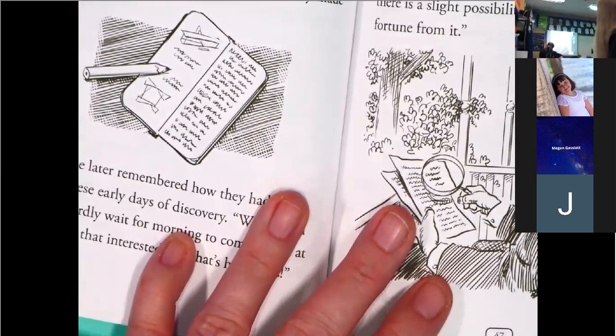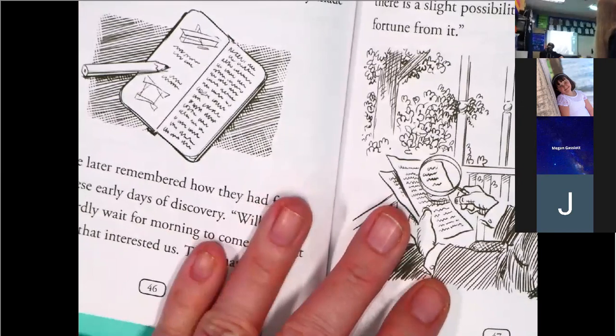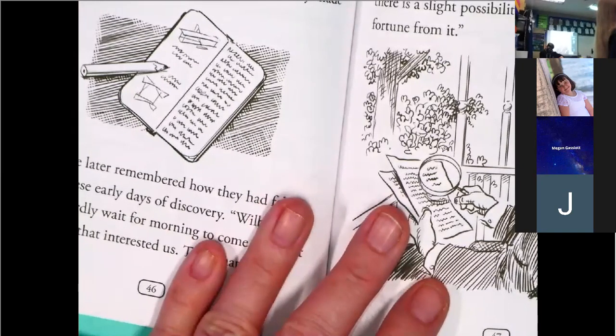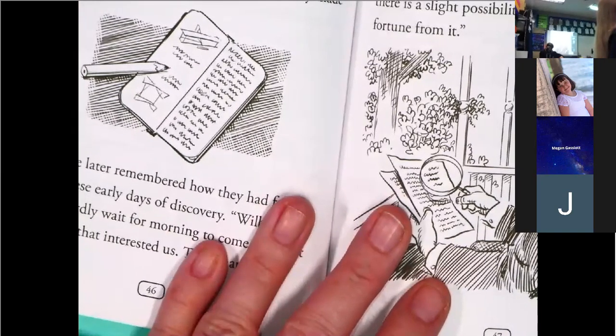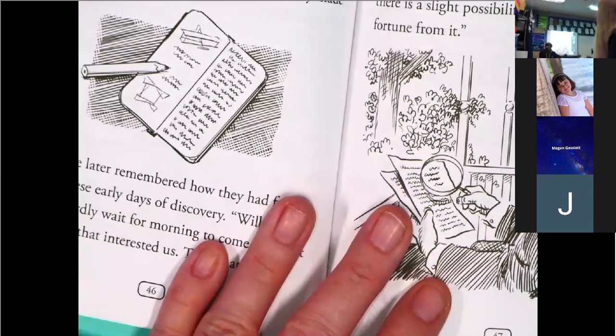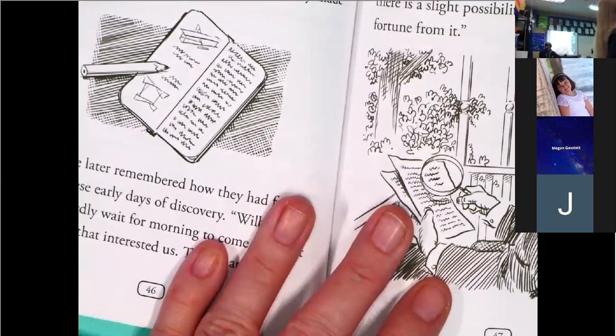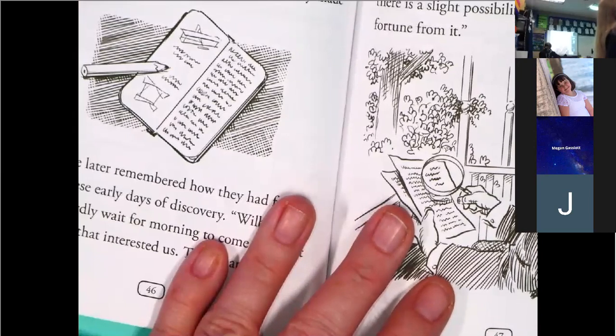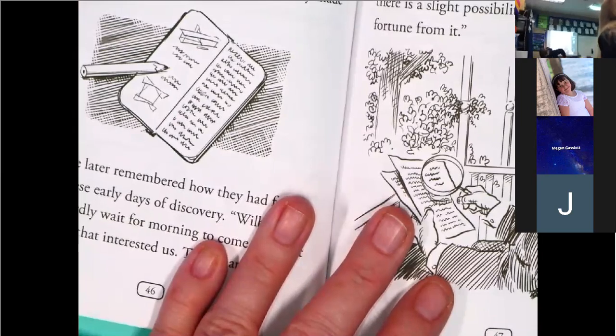Every time, even if it flew for just a few seconds, they knew that they did what? They did a good job of one thing. They knew that they learned more about flying every time.